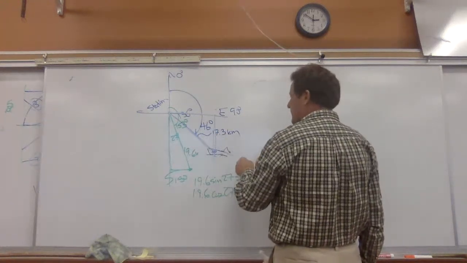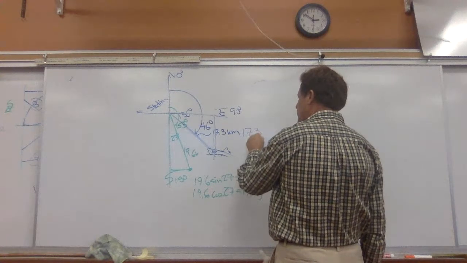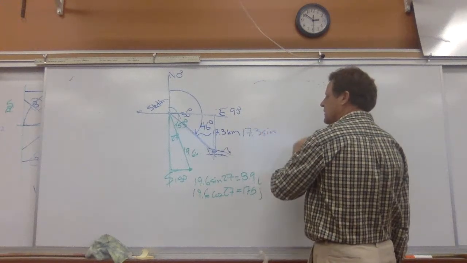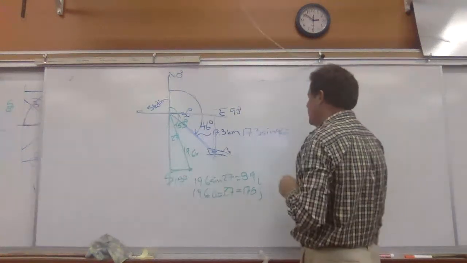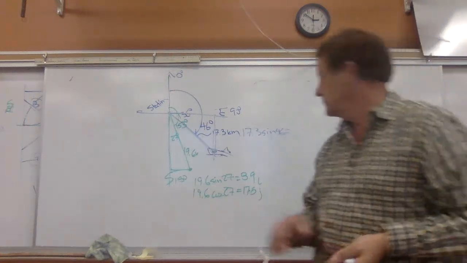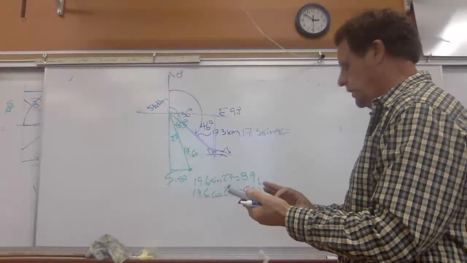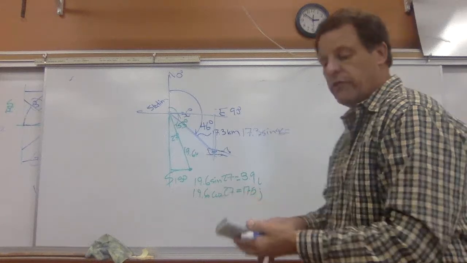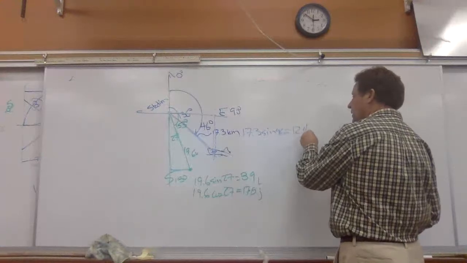So if I say, what was our 17.3? 17.3 sine 46, okay, well that is going to give me 12.44, we'll round to 12.4.